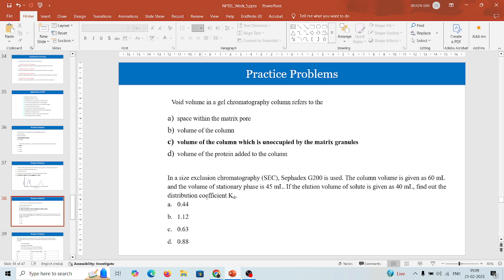Right? In a size exclusion chromatography, Sephadex G200 is used. The column volume is given as 60 ml and the volume of the stationary phase is 45 ml. If the elution volume of the solute is 40 ml, find out the distribution coefficient. Something interesting now.